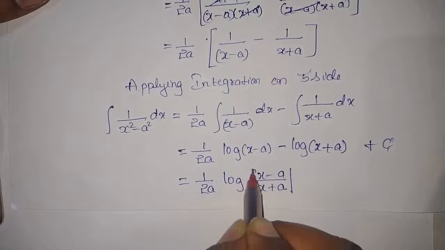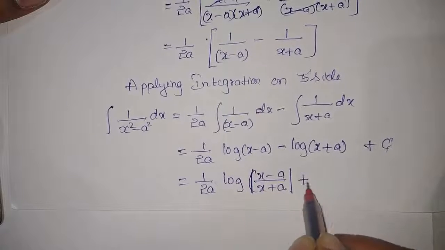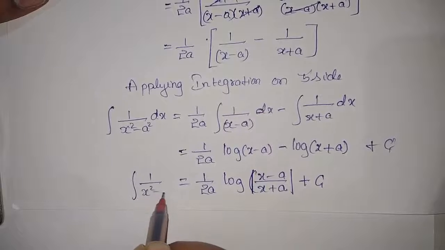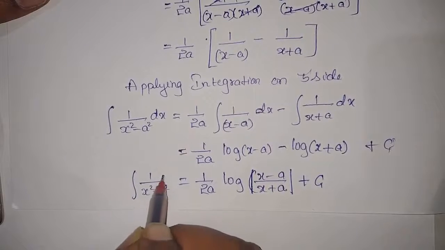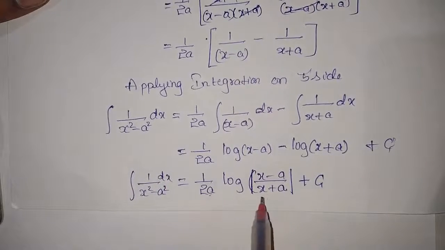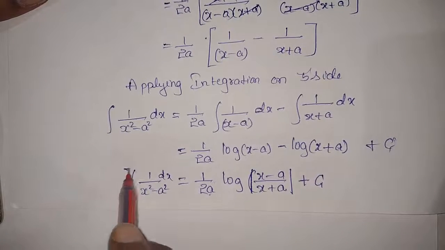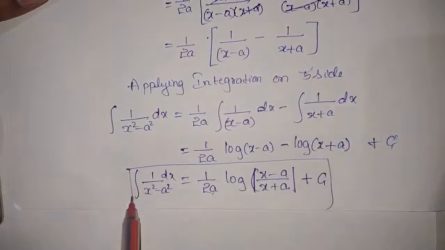So this is the required proof for this question. Integration of 1 by x square minus a square is equal to 1 by 2a into log of x minus a by x plus a, plus c. This is the required solution.